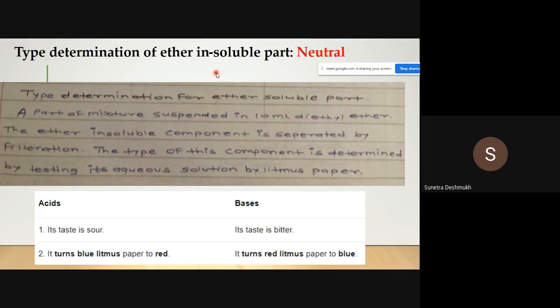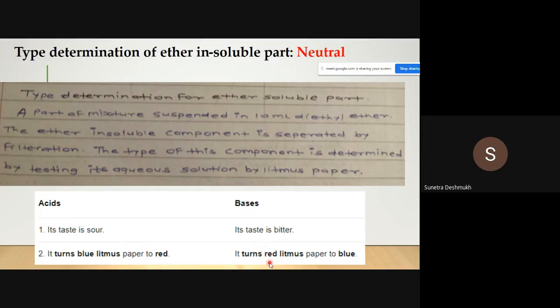We have to treat the water soluble component with litmus paper, either red litmus paper or blue litmus paper. If blue litmus paper turns red, then that compound is acidic in nature.